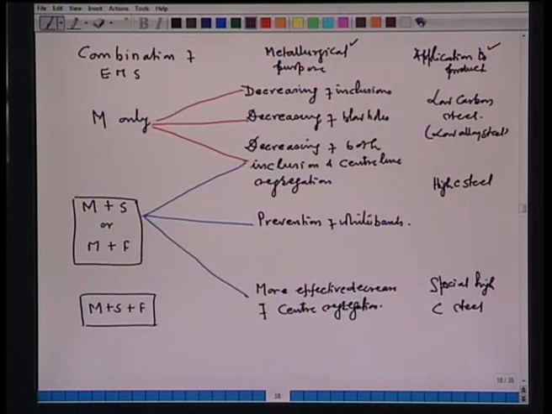Now, if you provide the stirrer in all three positions, M plus S plus F, then it can also decrease both inclusions and center line segregation. It is also effective for center segregation, and it also helps in prevention of white bands.